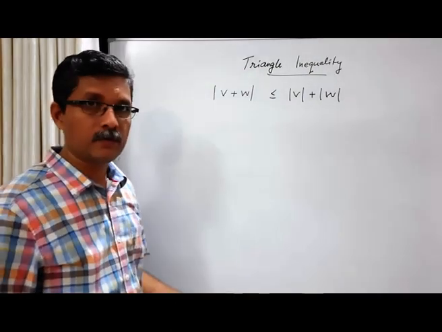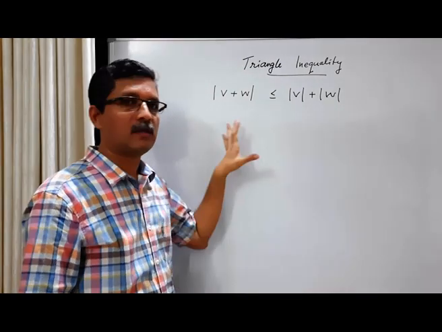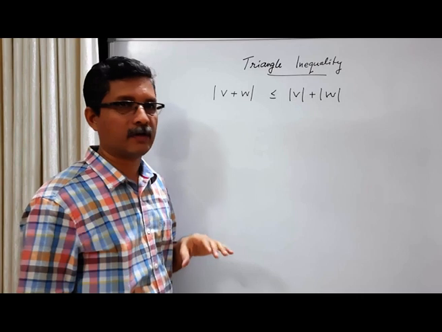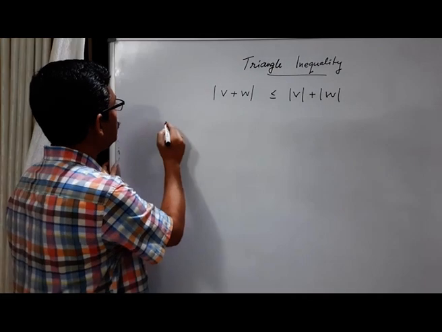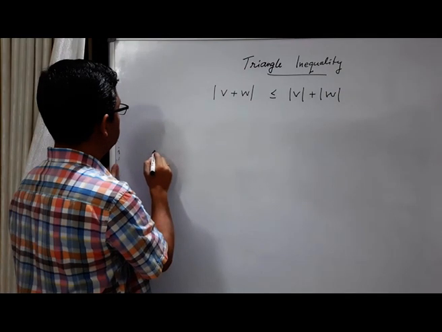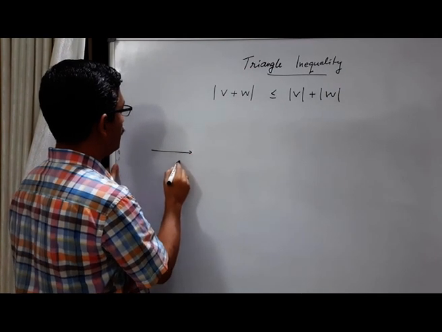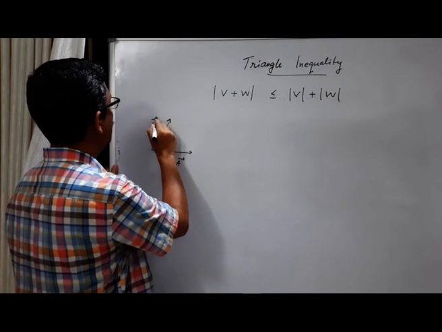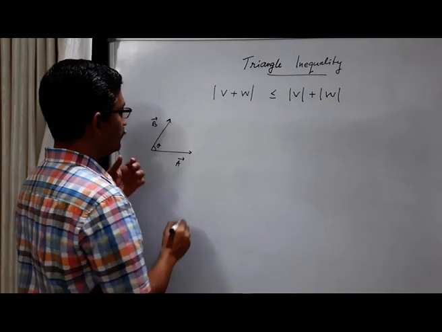Again, before going to the proof, let us see how this triangle inequality can be stated in the case of ordinary three-dimensional vectors. So suppose we have two vectors, say vector A and vector B, and the angle between them is theta.